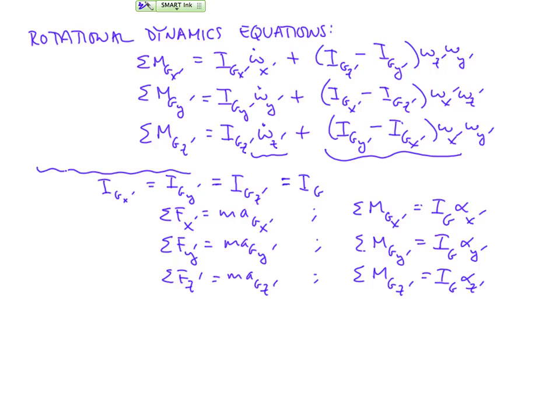The first set of terms, the Ig omega dots, which are Ig alphas, are analogous to our translational terms. We apply a moment along the x prime direction, we get rotation in the x prime direction. The second set of terms give us coupling between different directions.